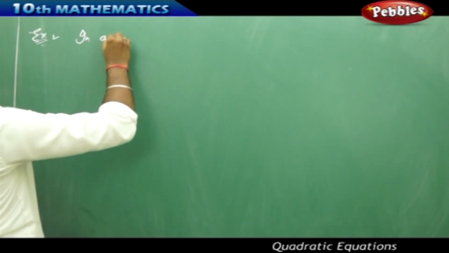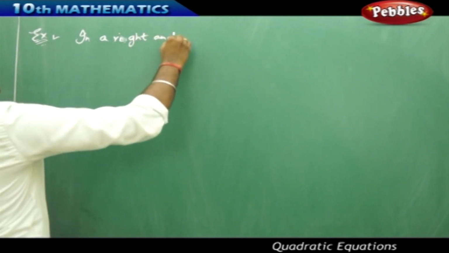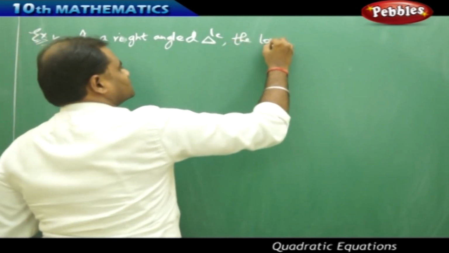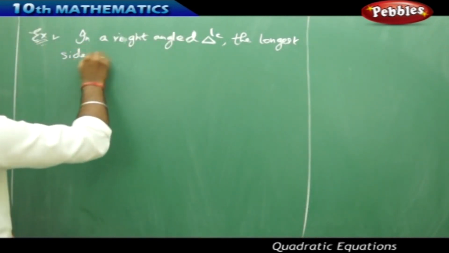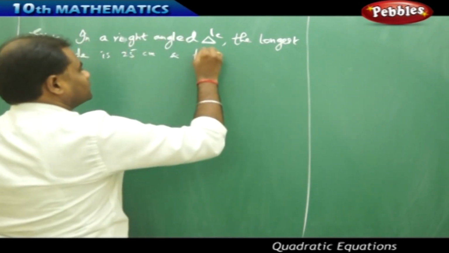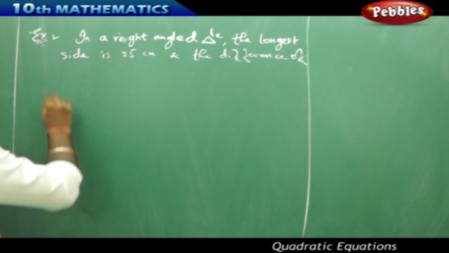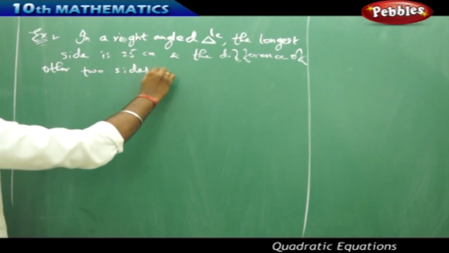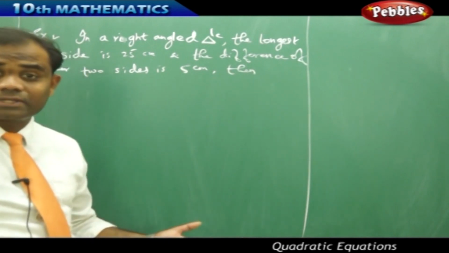The question says: in a right angled triangle, the longest side is 25 centimeters and the difference of the other two sides is 5 centimeters.